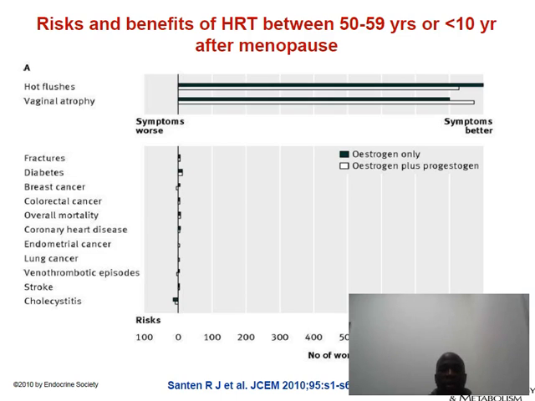Now this is a research outcome where they investigated the risks and benefits of hormone replacement therapy in women 50 to 59 years old, less than 10 years after menopause. You can see, in the first place, you get hot flashes and vaginal atrophy, and a high level of symptom relief in those two.